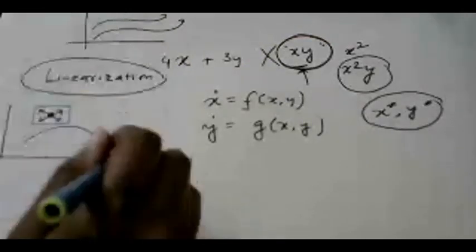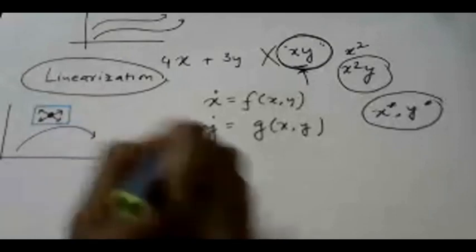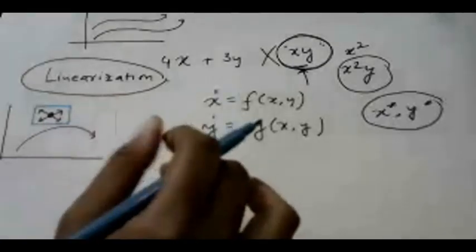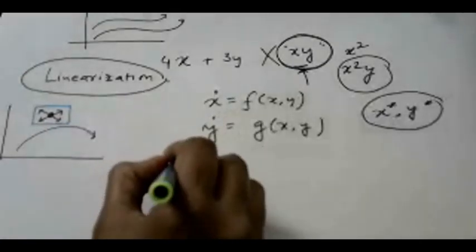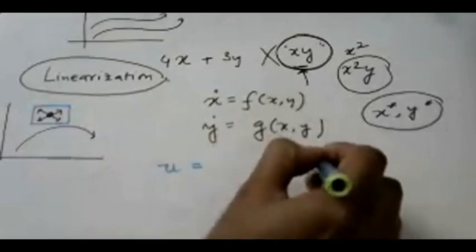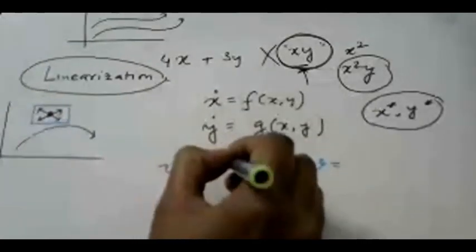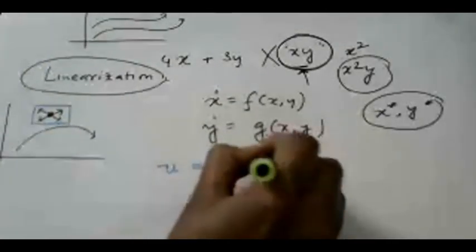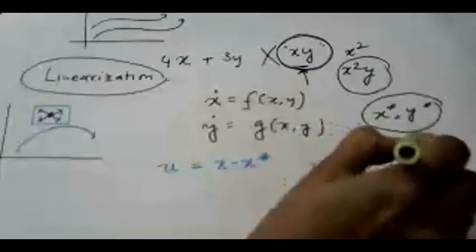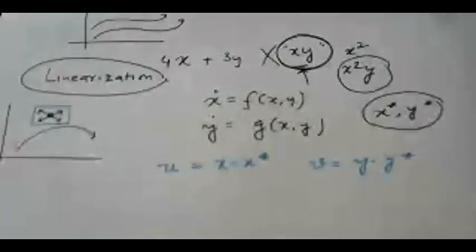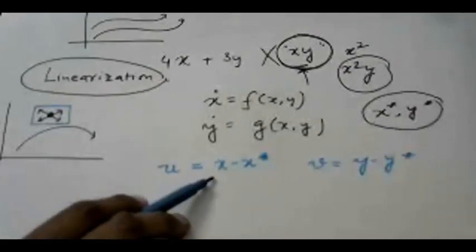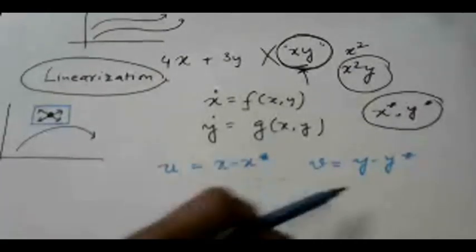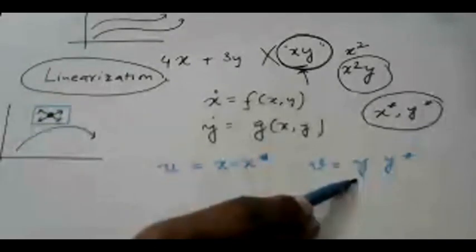We will start from the same point of perturbation. So we'll consider two variables u and v, which are x minus x star and y minus y star. x is a position where the system currently is along the x direction. y is a position along the y direction.